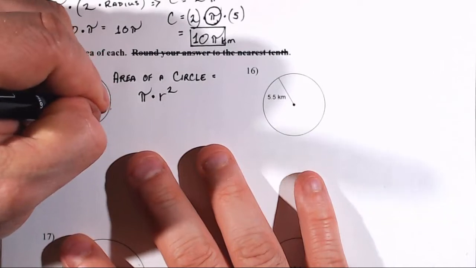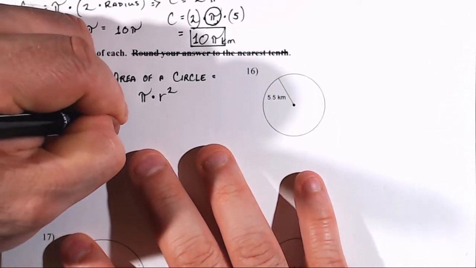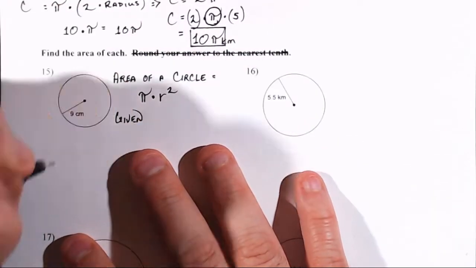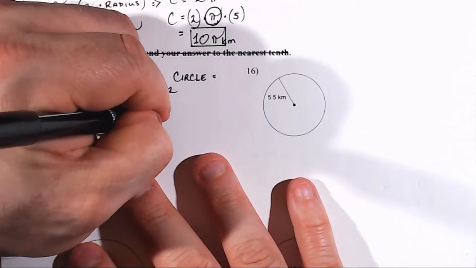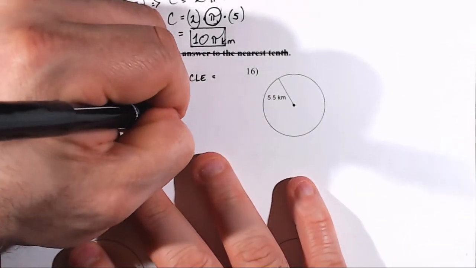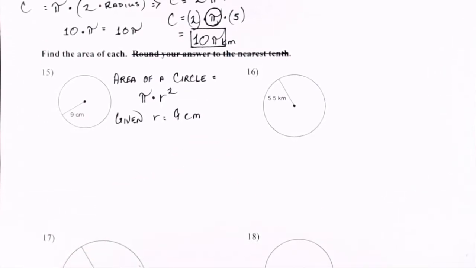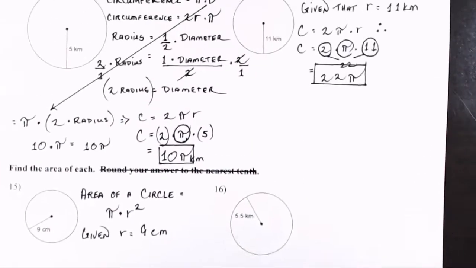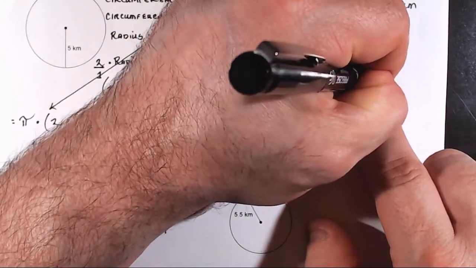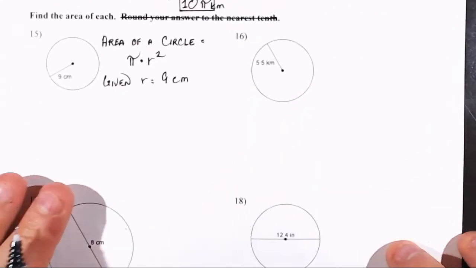So given r equals 9 centimeters, okay, given that r equals 9 centimeters, guess I forgot up here to put in kilometers. Keep forgetting to write my units.